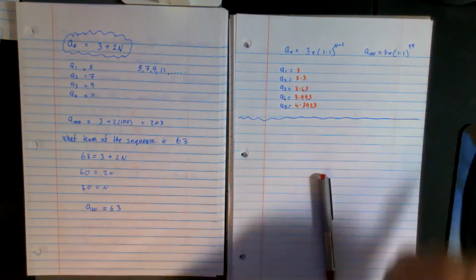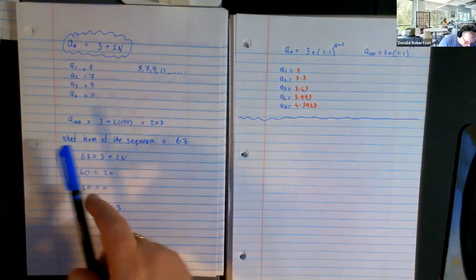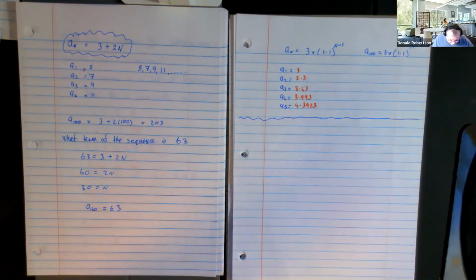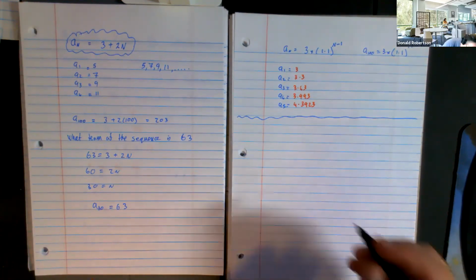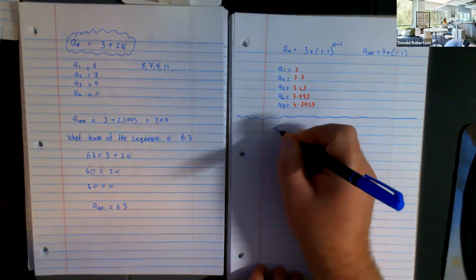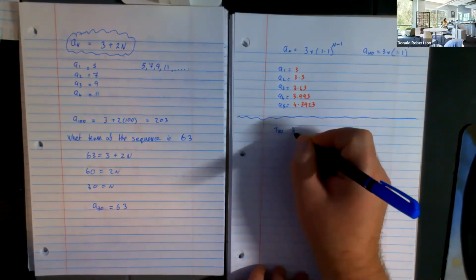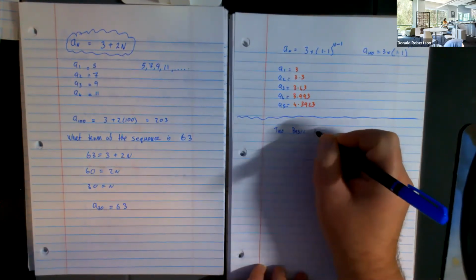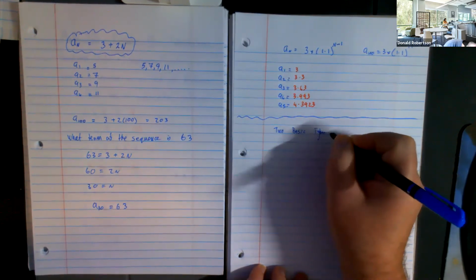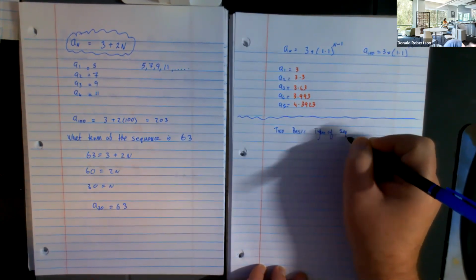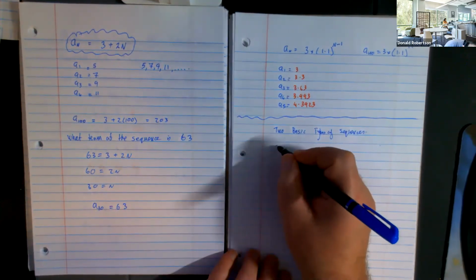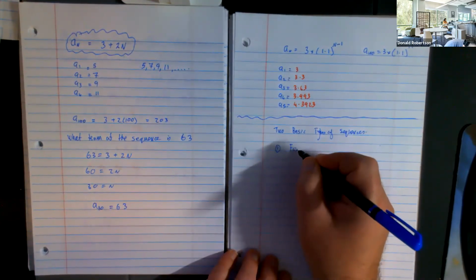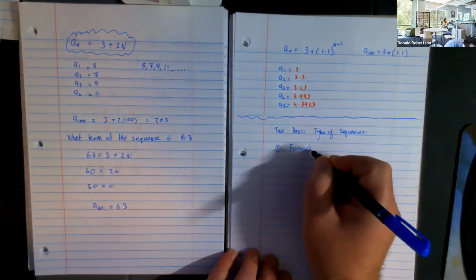Okay, let me introduce you now to the fact that there isn't one kind of sequence in the world, there are 2 basic types of sequences. The first one are formula-based.